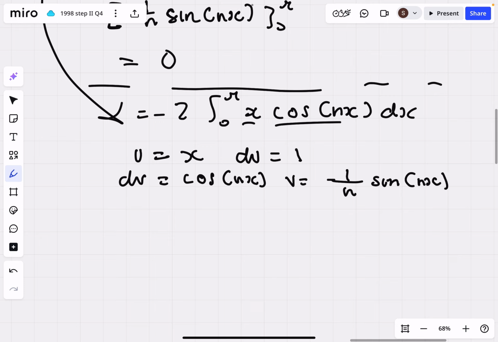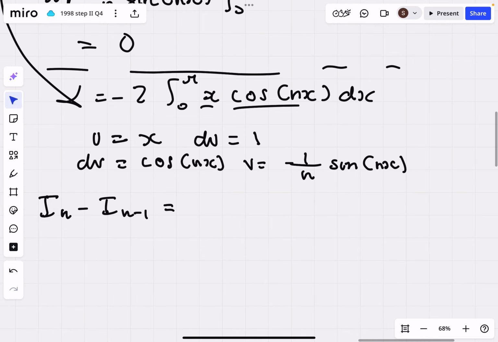That makes I_n minus I_{n-1} equal to uv from 0 to pi, which is x over n sine nx from 0 to pi.